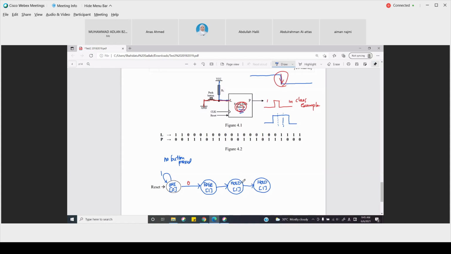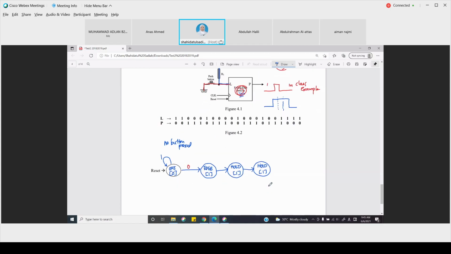Hold. Hold. So this is 3 clock cycles, regardless of the input. So the input here is don't care, so we don't write anything. Either the button is pushed or not, here it will hold the output P at 1. So this is hold for 3 clock cycles.